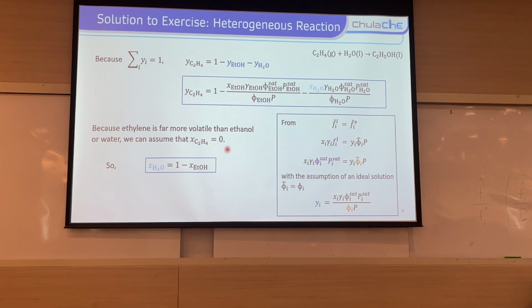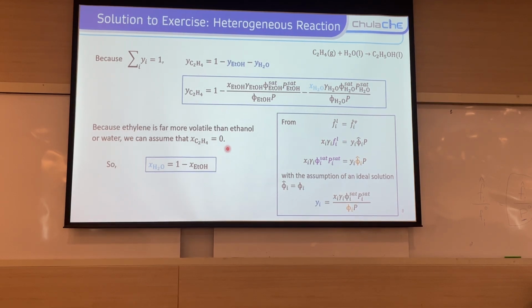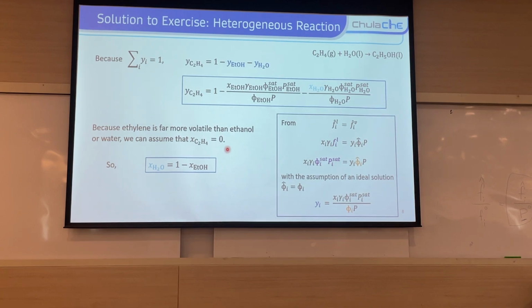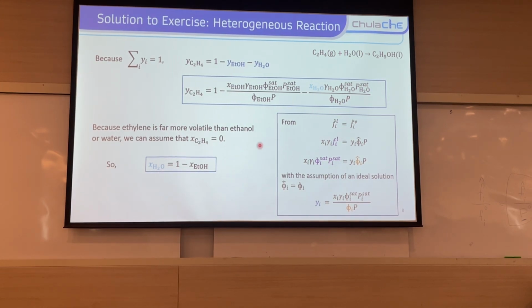Should we consider the molar mass, the molecular mass of each of the constituent organic compounds, to determine how volatile it is?